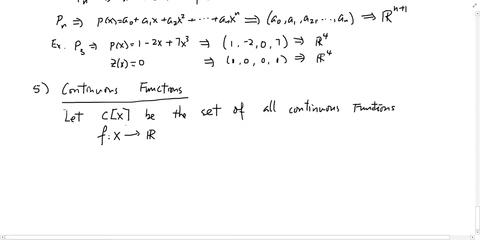So X in this case, something worth writing down for yourself, would define the domain of the function. And we basically talk about all continuous functions from this domain to just the set of real numbers.